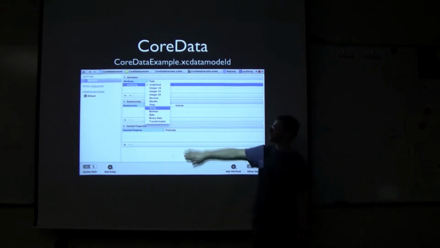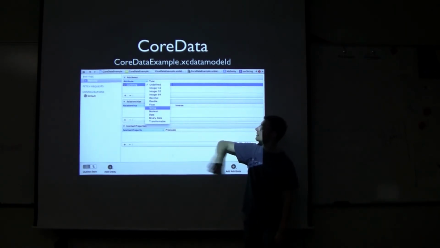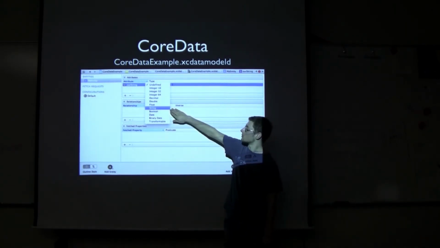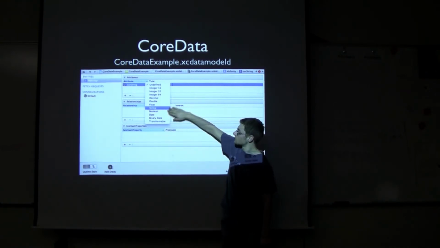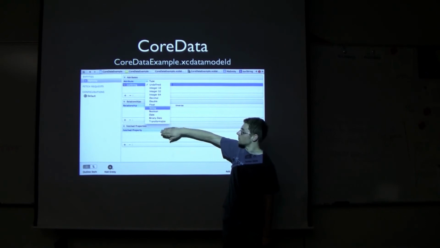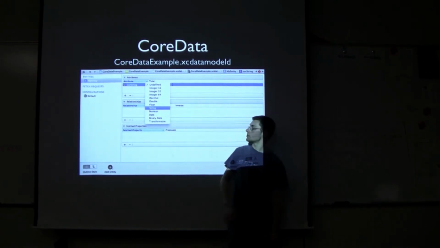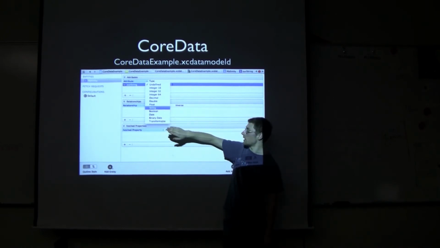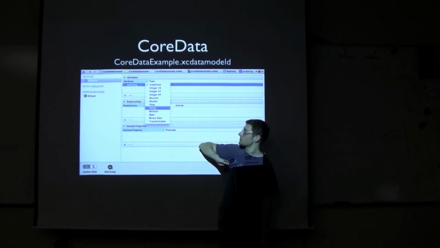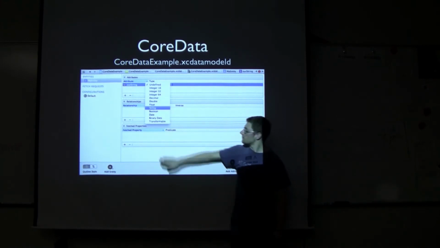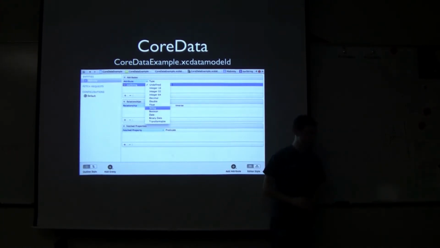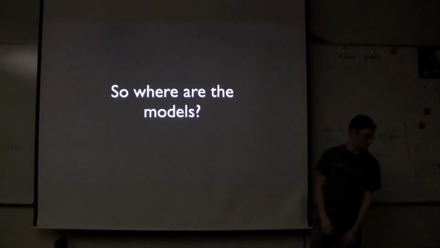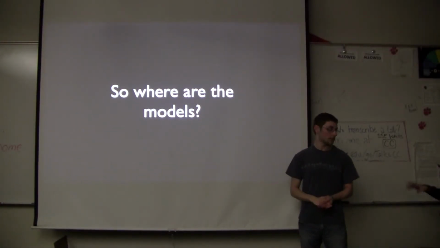So there's a few different types that you can have. We're going to use string, for example, in our code. You can have integers, floats, doubles, Boolean values, NSDates. You can put binary data in there, so you can actually break down instances of objects and store them in the database if you wanted to. And I'm not quite sure what transformable is, but we still haven't touched on the actual model yet. Real quick, transformable is custom data.